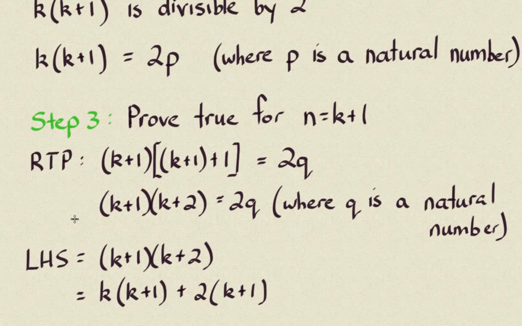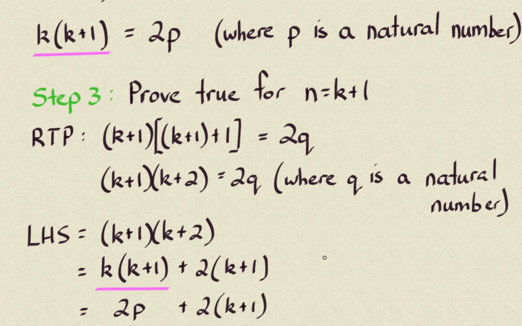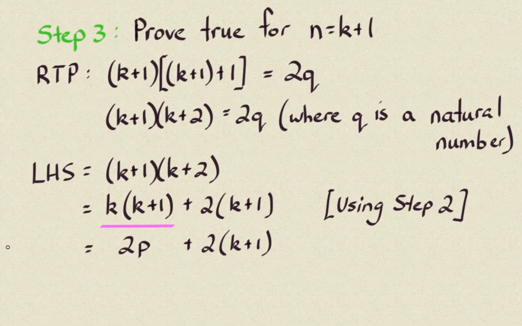Now that we can see k times k plus 1, we can use step 2. So we're going to replace this with 2p. And we still have 2 times k plus 1 tagging on the end here. Now remember, it's always a good idea to state when you have used step 2. Now remember, our aim is to show that this left-hand side is equal to 2 times some value, q, as we've called it.